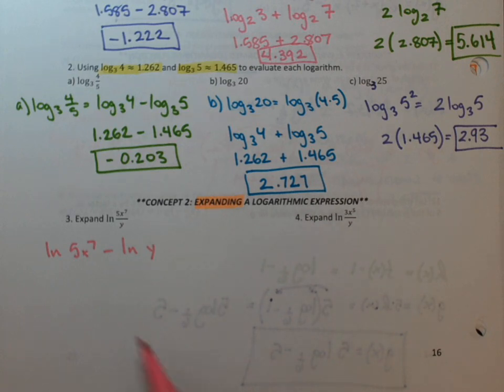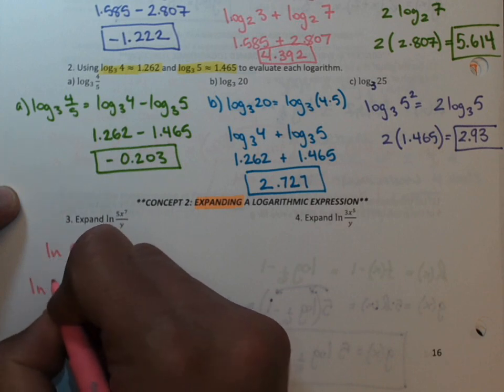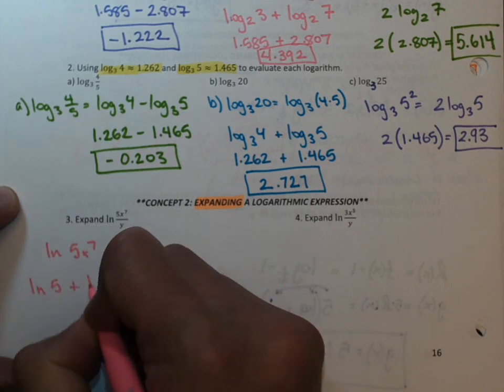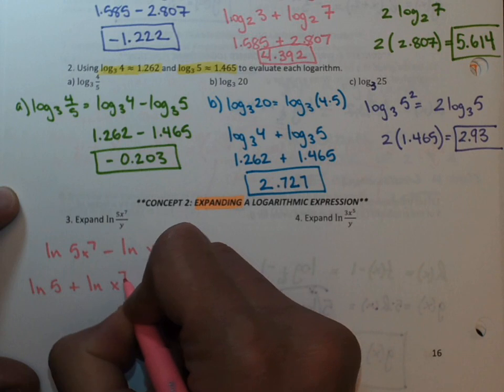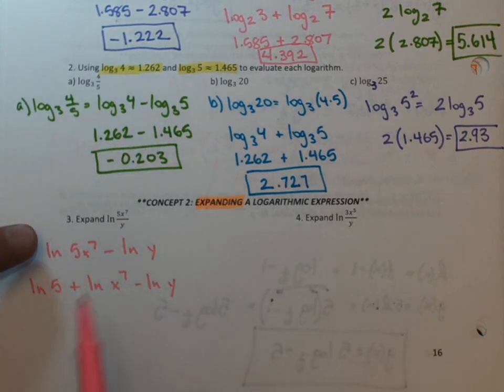And then if I look right here, this 5x to the 7th power, that's multiplication, right? 5 times x to the 7th power. So I can expand that out. So I get the natural log of 5 plus the natural log of x to the 7th power minus the natural log of y. I took that part and expanded it, and I can keep on going.